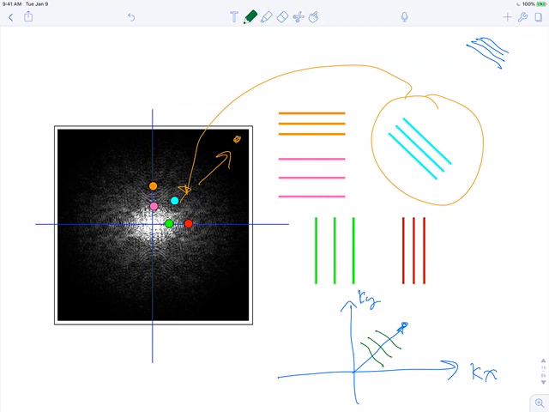Yes, question? What's the significance of always putting the negative quadrants as well? Yeah, that's a great question. You notice that there are both positive and negative frequencies. There are a couple of answers for that. One is it makes the math easier if we allow things to be positive and negative. Otherwise, you have to carry around cosine and sine terms, and it allows us to use what we'll talk about in a few slides, exponential notation.